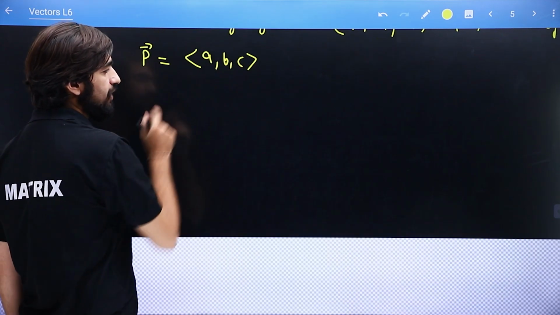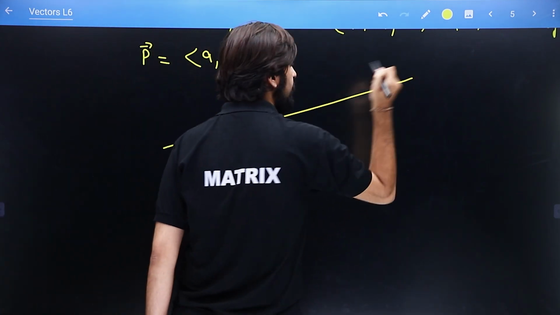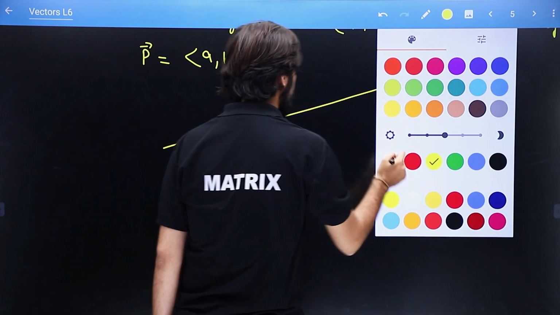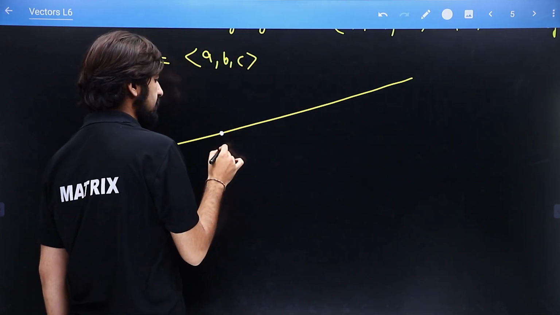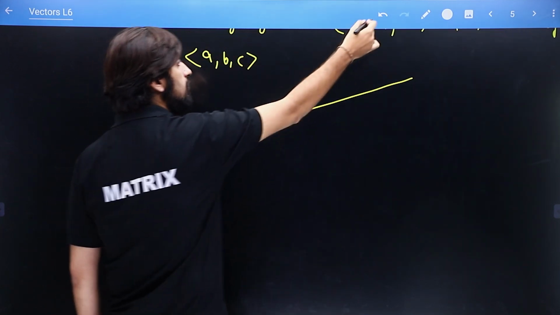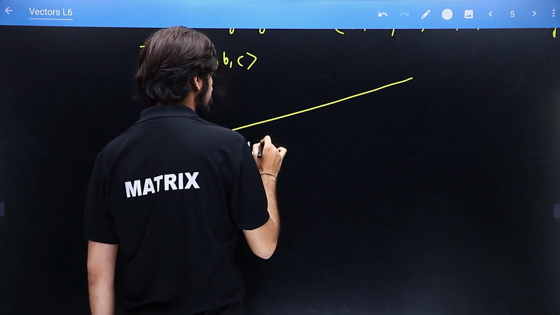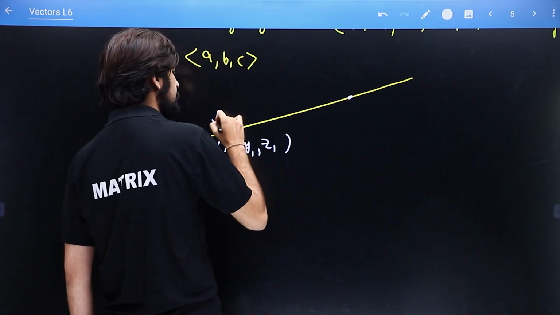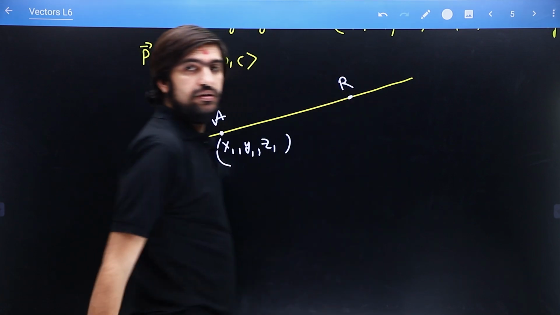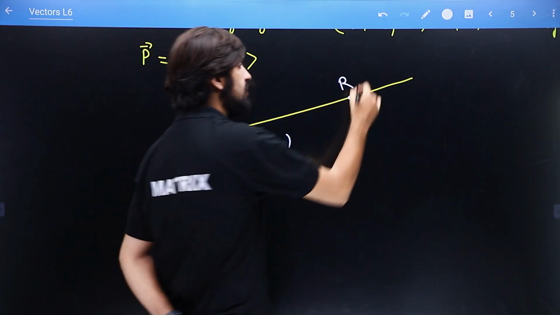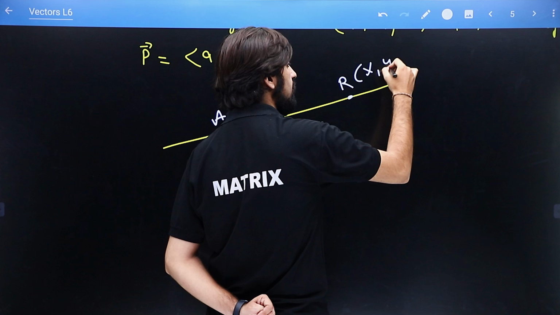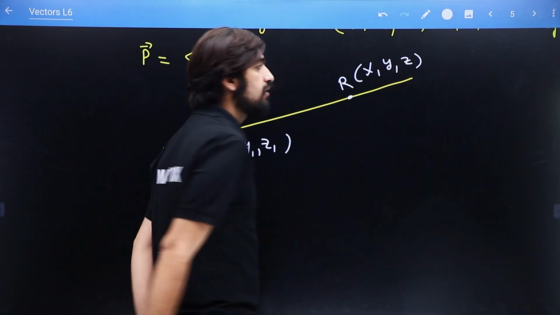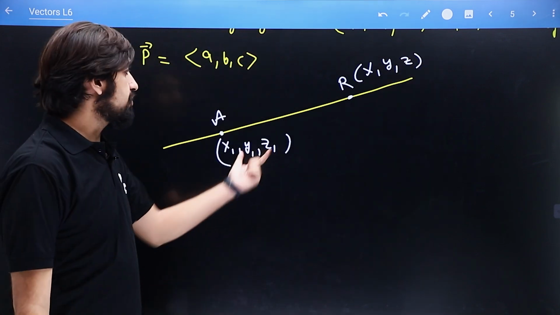So what will be the equation of the line? First we are going to understand the geometry. Let's say this is the point from where the line is passing, x1, y1 and z1. And assume that this is the point, let's say this is A and this is R. This is the point R which represents the whole line, x, y, z. Now we have to find the equation of this line.